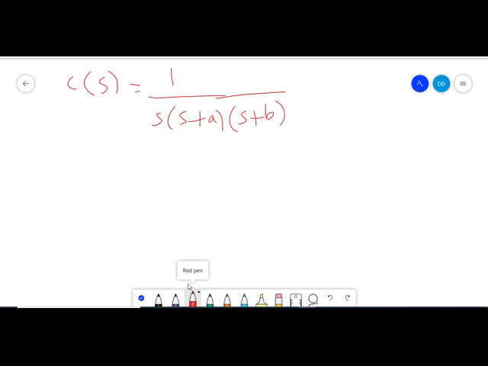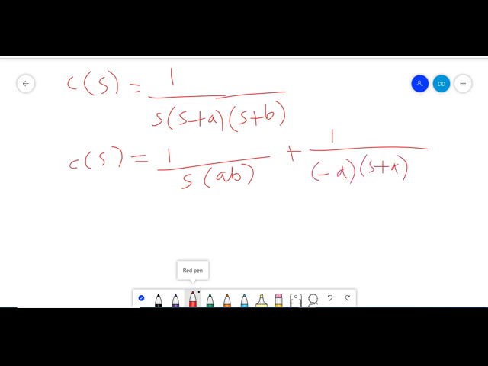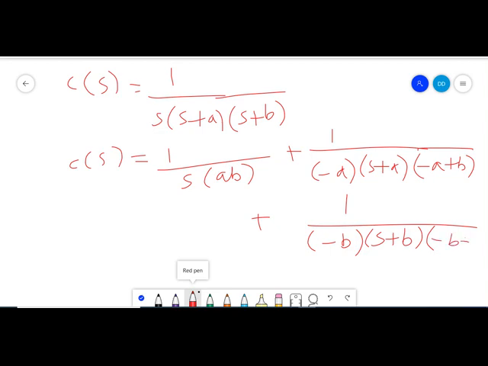On simplifying this, we have to resolve it into partial fractions. On resolving it into partial fractions, we get 1 over S by A into B plus 1 divided by minus A into S plus A into minus A plus B plus 1 over minus B into S plus B into minus B plus A. This is what we get.